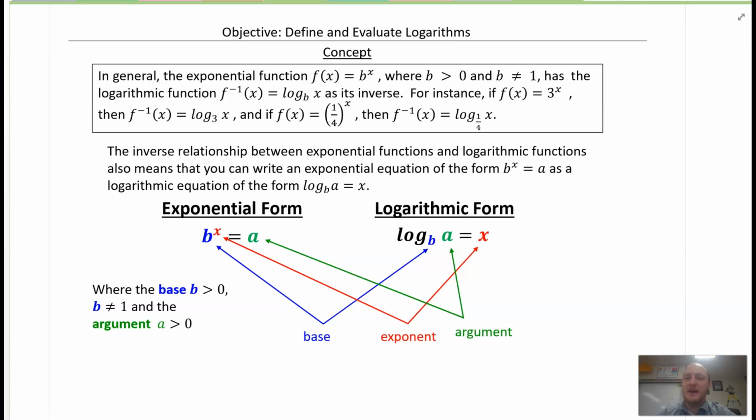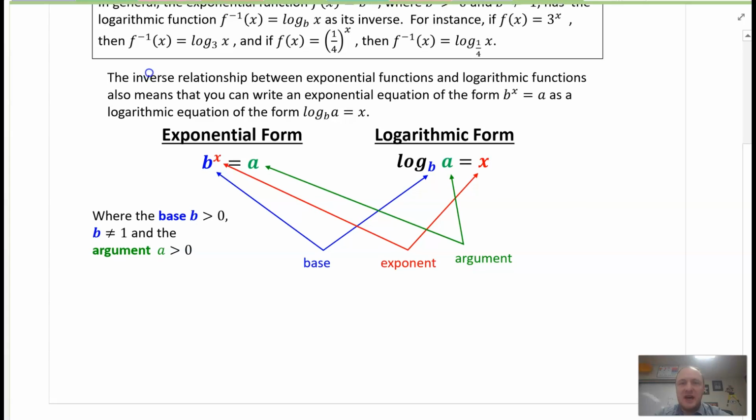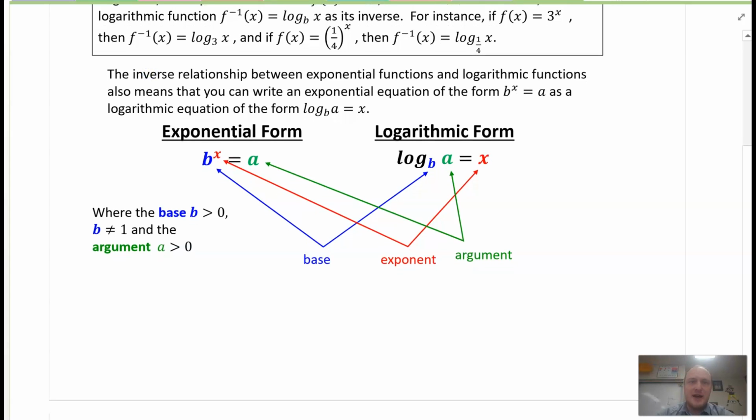If f of x equals 3 to the power of x, then f inverse is going to be log base 3 of x. Another example: f of x equals 1/4 to the power of x, then f inverse is log base 1/4 of x. The key idea here is that the bases are exactly the same. So b to the power of x becomes log base b.